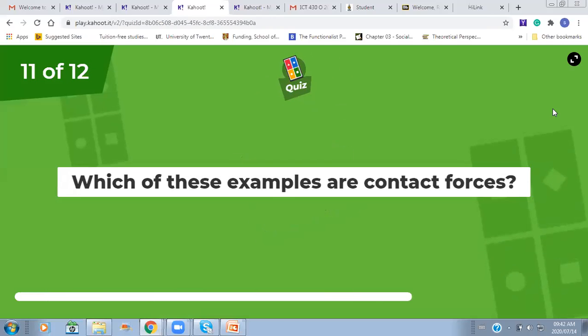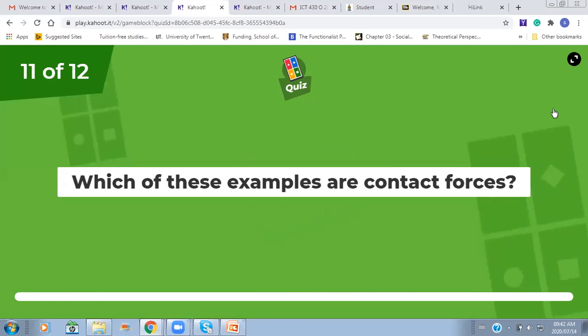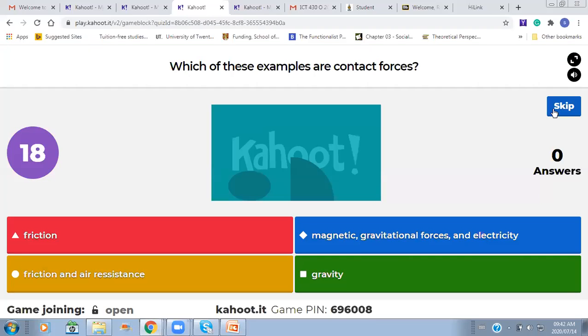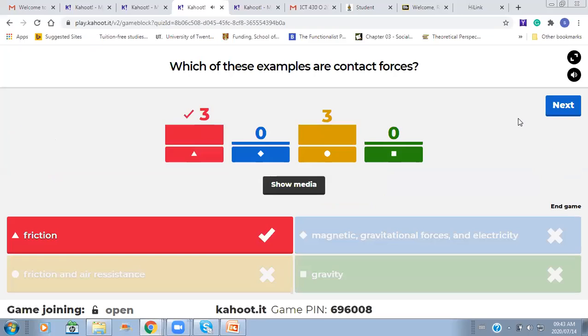Which of these four examples are contact forces? Let's watch out. The time is clicking. You must pick. It's going, it's gone.